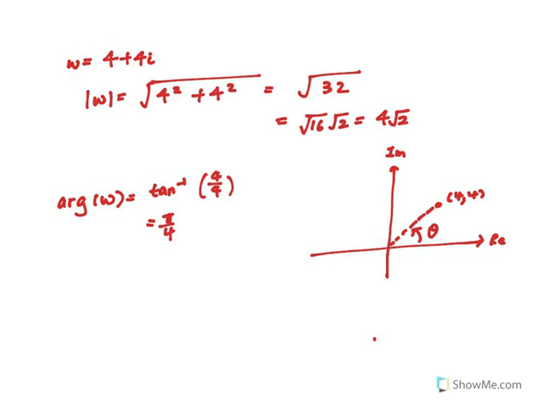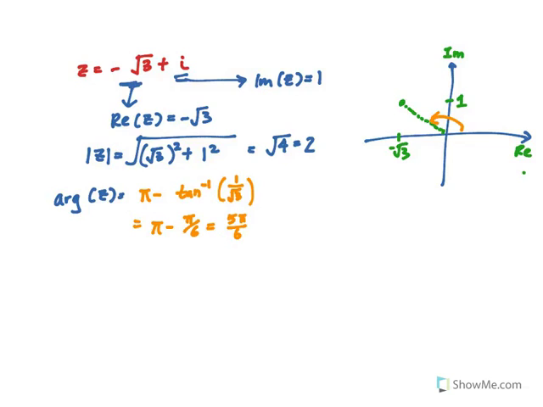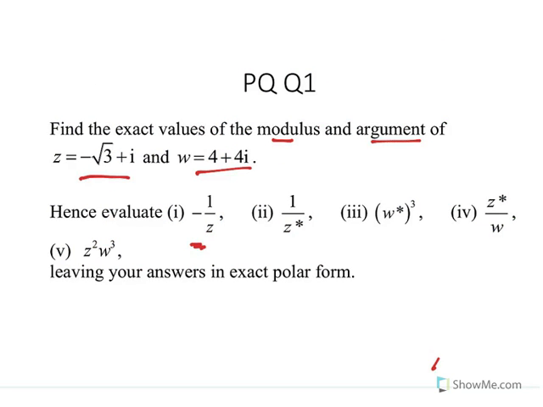With that, you have the argument and the modulus of w, and you have the argument and the modulus of z. First, we want to evaluate negative 1 over z. How do you evaluate negative 1 over z? I hope you can remember this.